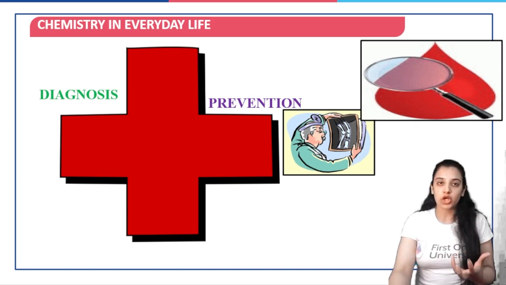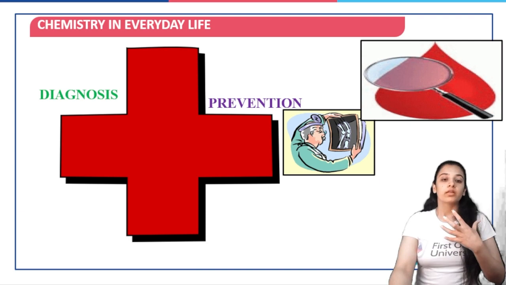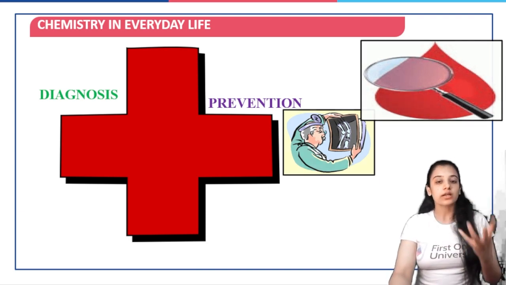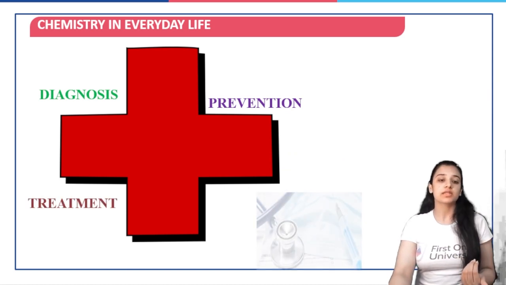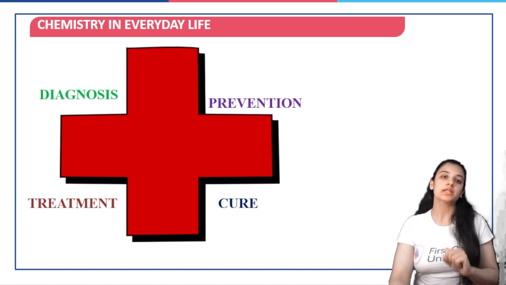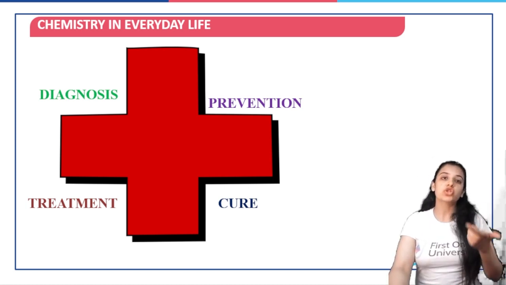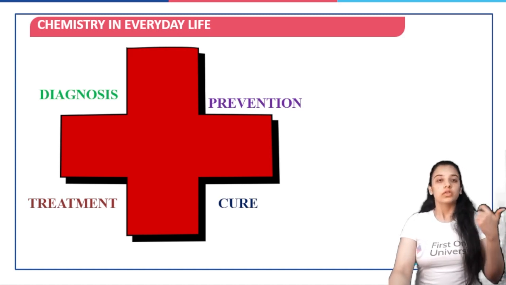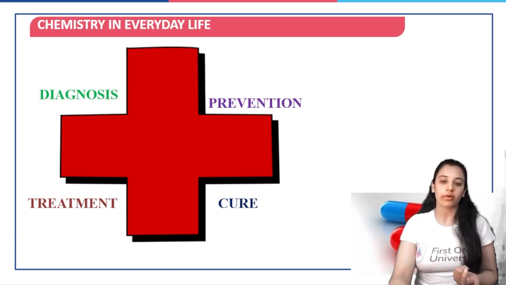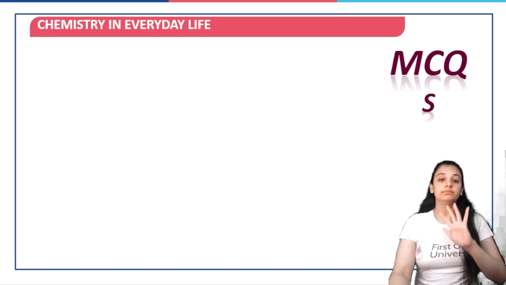Supposedly we've not taken, and we feel some uneasiness because of a disease. So we'll first go for a diagnosis. Once the diagnosis is done, then comes the treatment, and lastly, after the treatment is complete, we get cured. So prevention, if not, then followed by diagnosis to find out what the disease is, then the treatment, that is medication that is going to be given, and ultimately cure. These are the four basic quadrants.